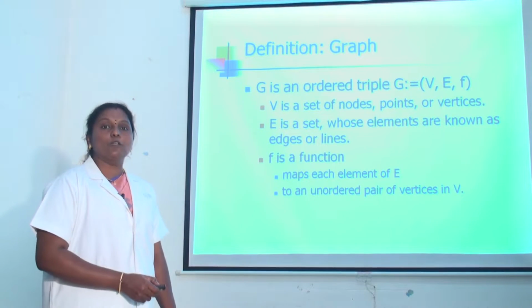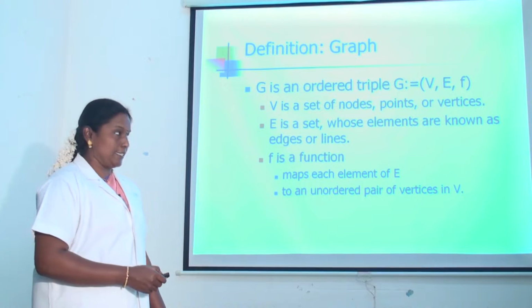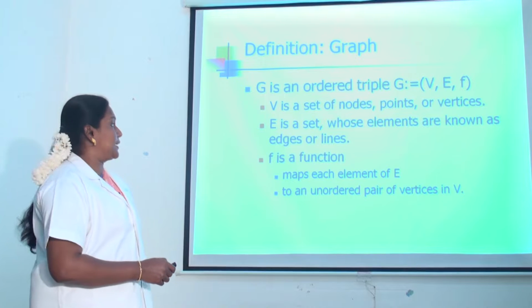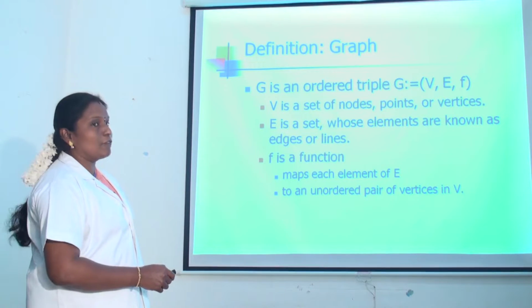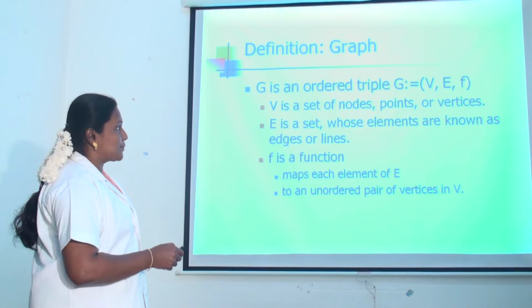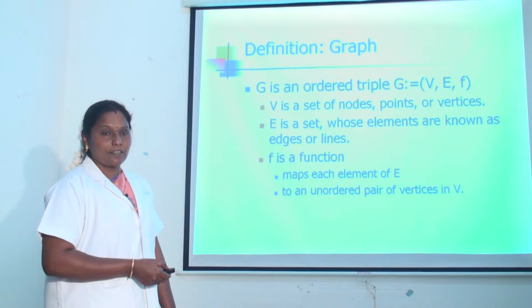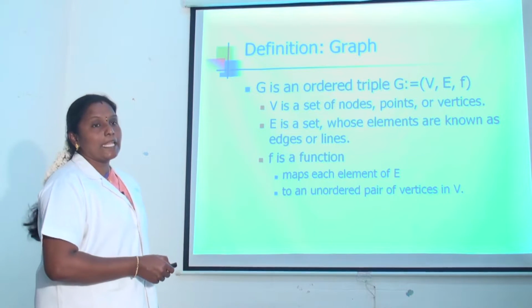A graph contains vertices and edges. V denotes nodes, points, and vertices. E denotes edges, arrows, and lines.